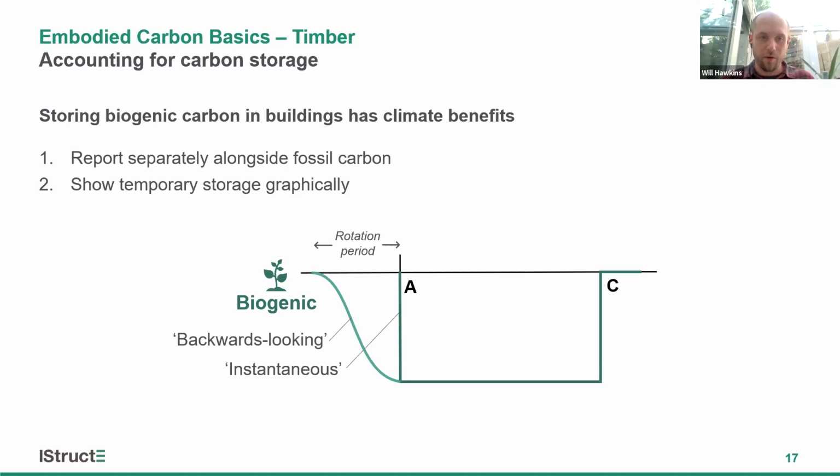The backwards looking approach goes back to when the tree was planted and models the growth curve of that tree, before getting back to re-release of module C. Or there's a forward-looking approach which starts at 0 and then models the reabsorption from a tree that was planted to replace the one that you harvested yourself.